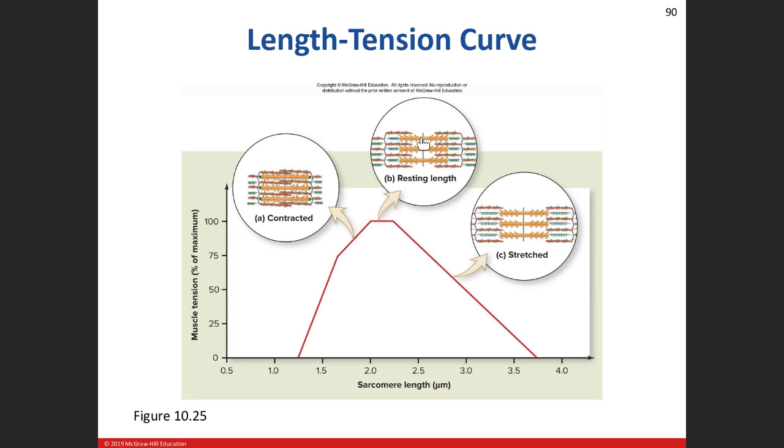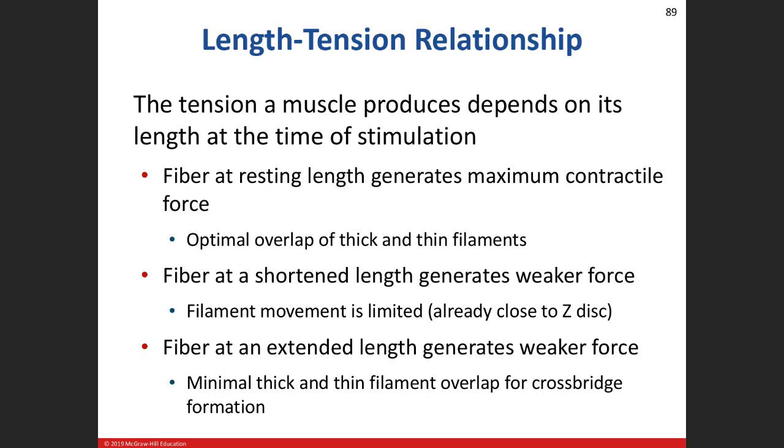So at the resting length, we're seeing the maximal amount of thick and thin filament overlap, and you can see that is where we're going to be able to generate our maximum force, up at 100. If we overstretch the sarcomere, there's virtually no overlap, and on the opposite, if we contract everything, we're not going to be able to go anywhere. So we're not going to be able to generate hardly any force. So keep in mind, the maximum amount of contractile force is going to be at the resting length.